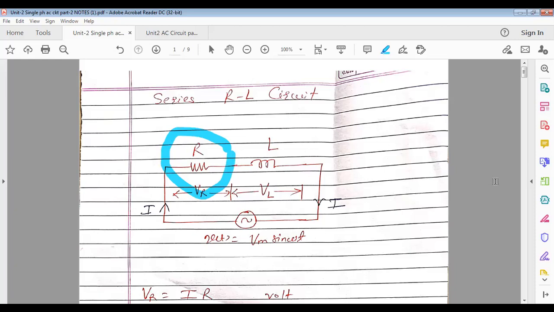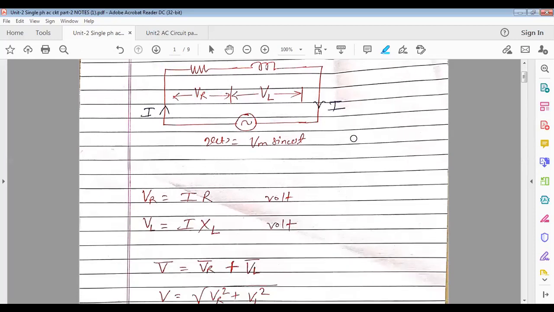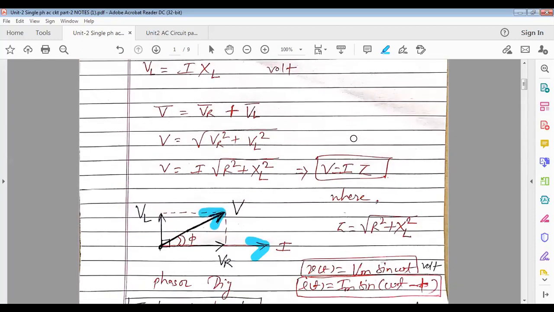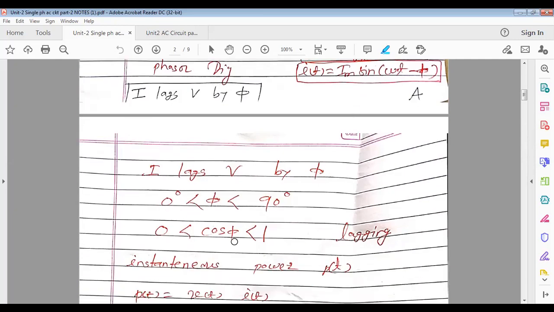It is not 90 degree, because it's not a purely inductive circuit. Due to the effect of resistance and inductance both connected in series, phi in a series RL circuit will never be equal to 0 degree and never equal to 90 degree. It will be somewhere in between 0 and 90 degree.